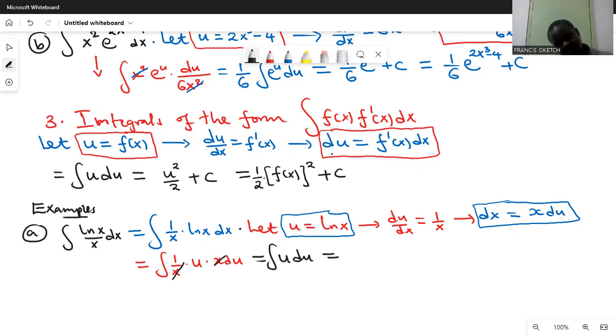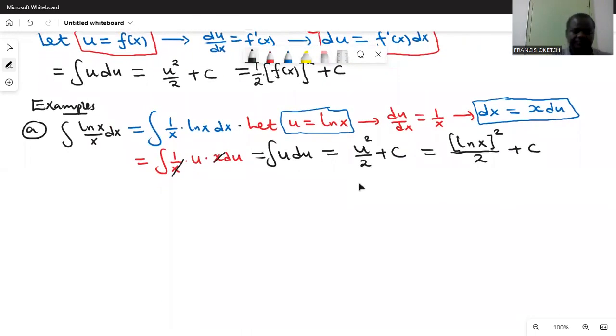And that will be equal to u squared over 2, adding a constant c. And what is our u? It is ln x. Replace that, replace u. So that is ln x, and remember it is squared, over 2. That's everything over 2 plus c. That's very easy.